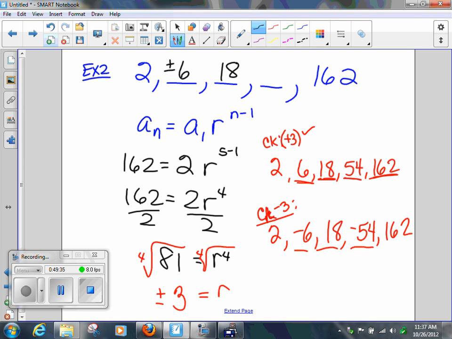And then the 54, plus or minus. Okay? Yes, ma'am. I don't know if it's going to happen that way every time, but I would check it every time, especially if you are taking an even index, because you have to take into account the plus or minus.